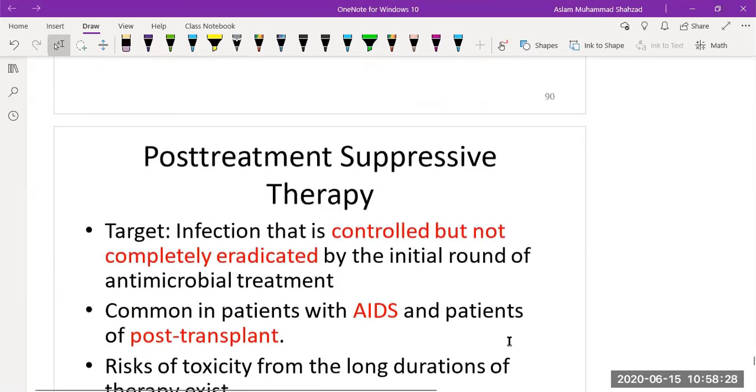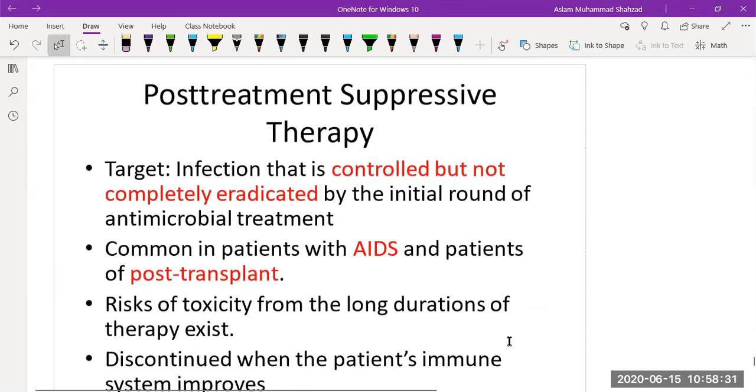Then we have post treatment suppressive therapy, and this is when, for example, the infection is not controlled completely or completely eradicated, if the infection persists, then we give post treatment suppressive therapy, usually given for AIDS patients or for patients post transplant, but they have a risk of toxicity because of the long term use, because long term use can cause inflammation in the liver, can cause hepatitis, or can cause jaundice, and can disrupt the immune system as well.